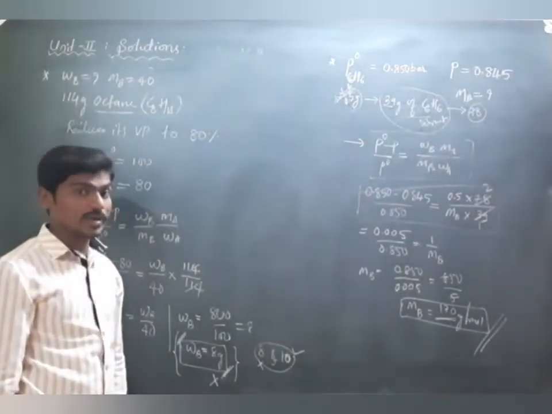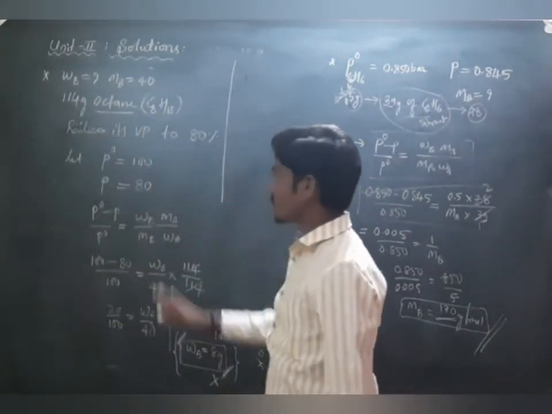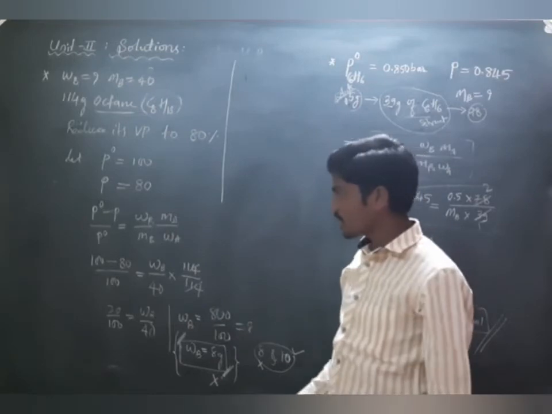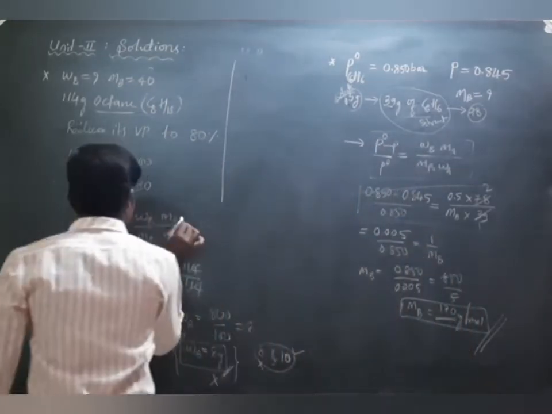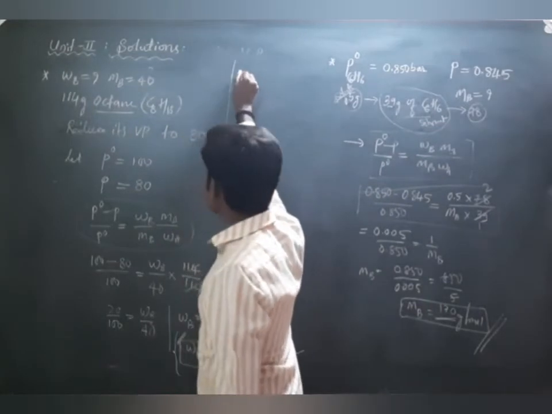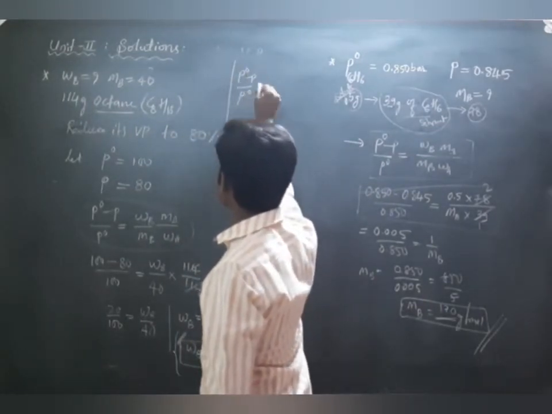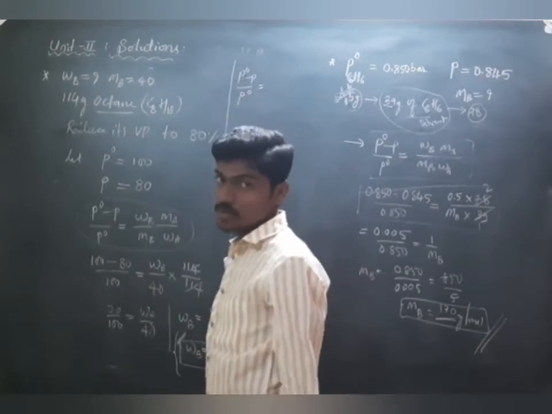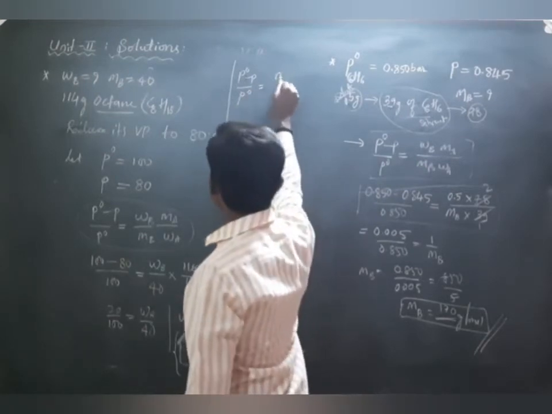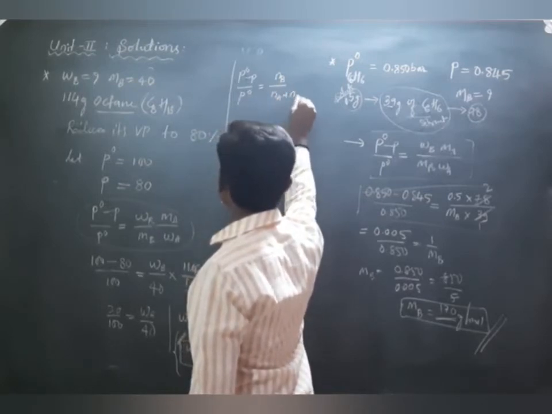But what is the accurate method? In this simple method we can directly write like this. But what is the formula of the relative lowering of vapor pressure? Here P naught minus P divided by P naught is equal to XB. XB is nothing but NB divided by NA plus NB.